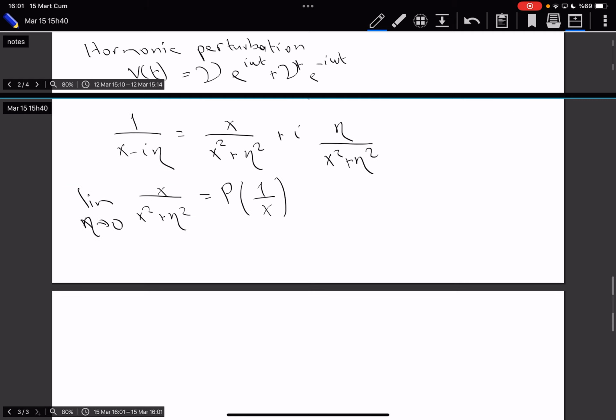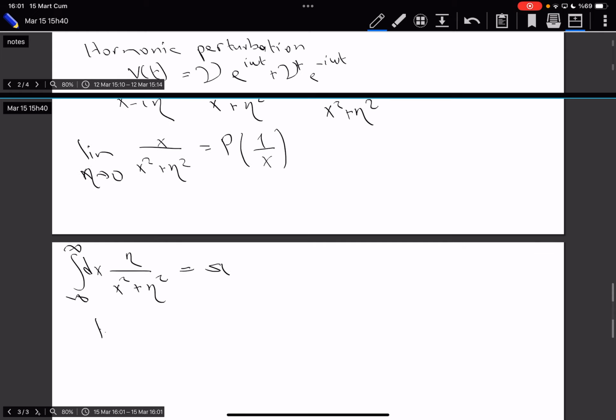And this eta over x squared plus eta squared, you see, is such a function that if you integrate over x, this is pi, independent of eta. Now, limit as eta goes to 0 of eta over x squared plus eta squared.